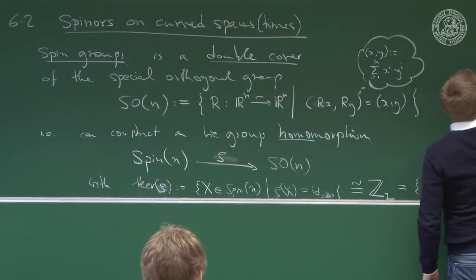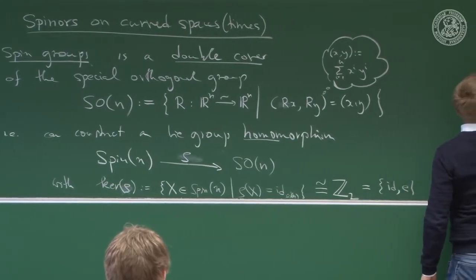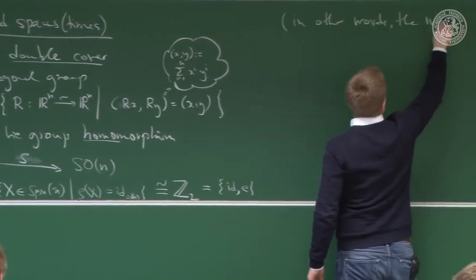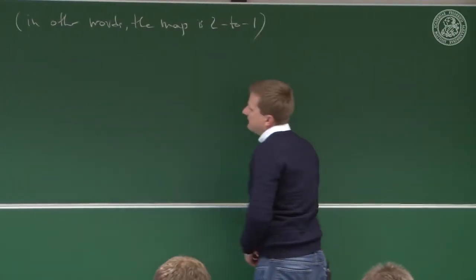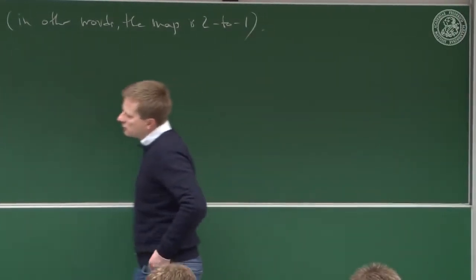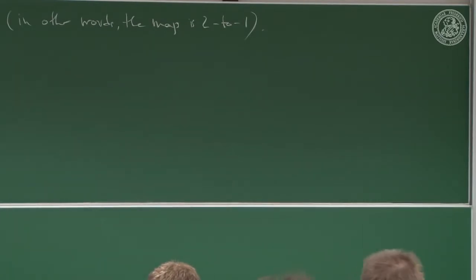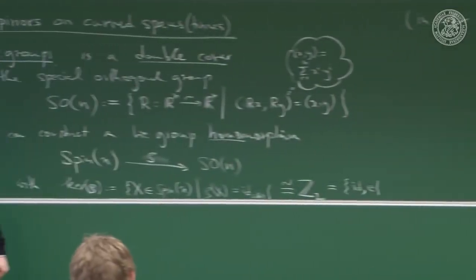In other words, the map is 2 to 1. Okay? So that's the spin group. And we will construct the spin group explicitly, and we'll need to construct it explicitly in cases that interest us.